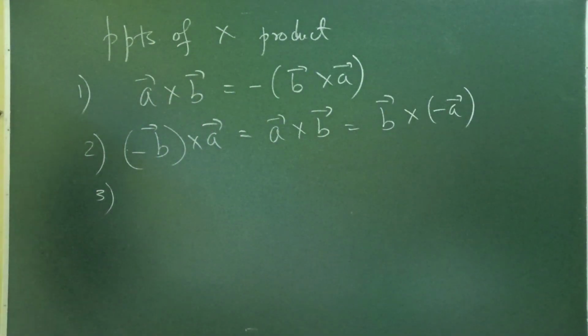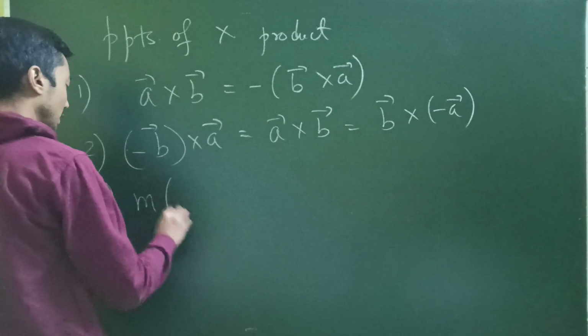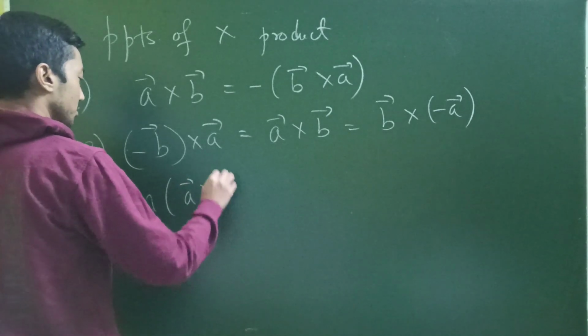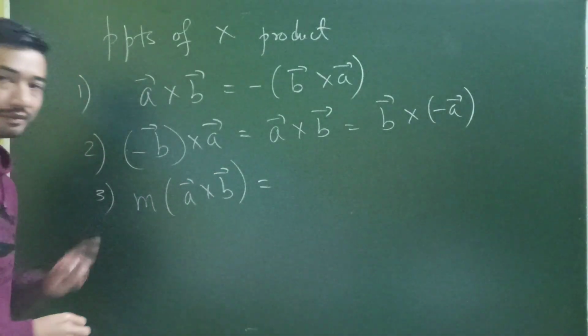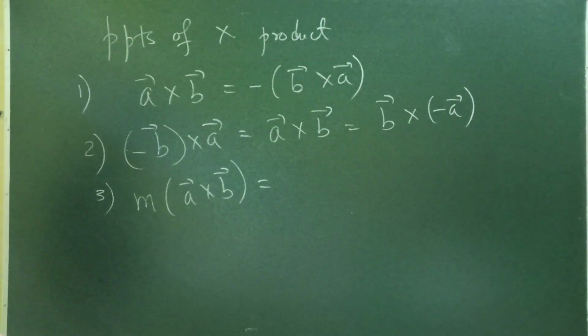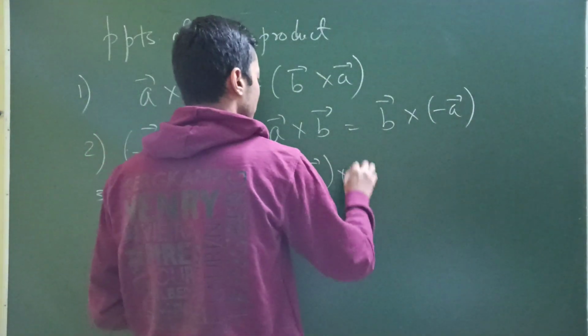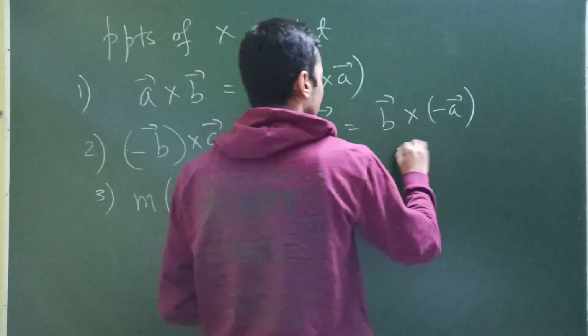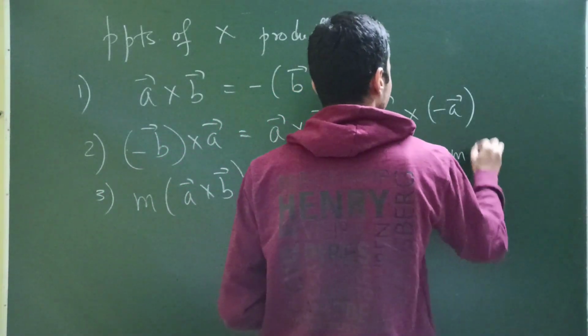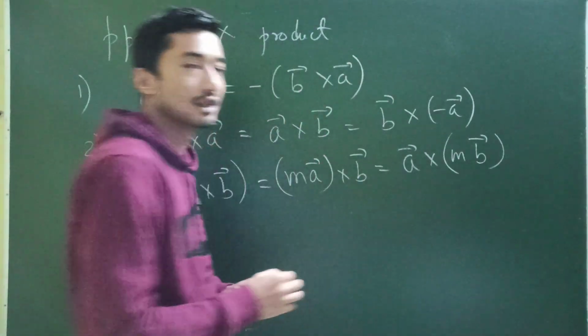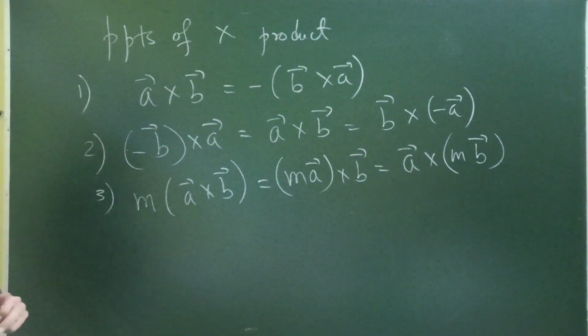Number 3: when you multiply the cross product of two vectors by a scalar quantity m, that will be the same as m of vector A cross B or A cross m of vector B. That scalar quantity will not make much difference.